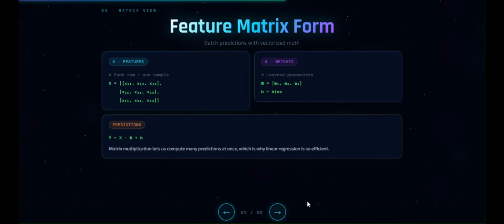Then we compute predictions using matrix multiplication, which is y equals X times W plus b. This vectorized computation is what makes machine learning efficient on GPUs and large datasets. Instead of computing predictions one by one, we compute thousands or even millions simultaneously.